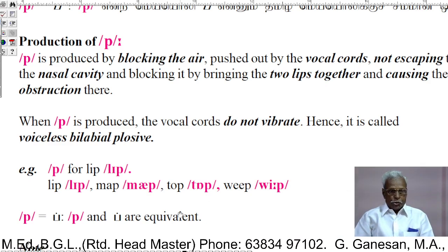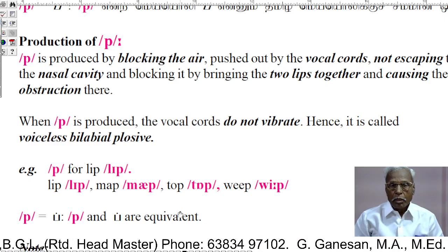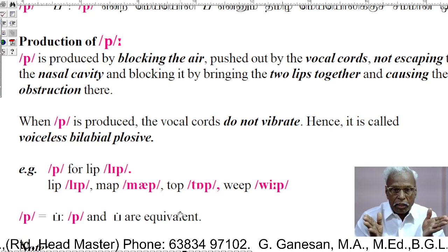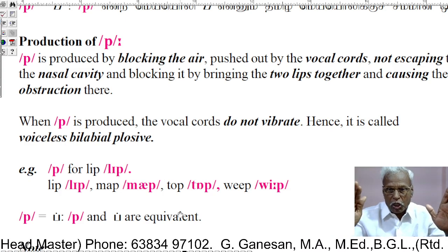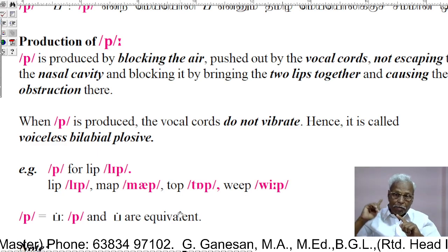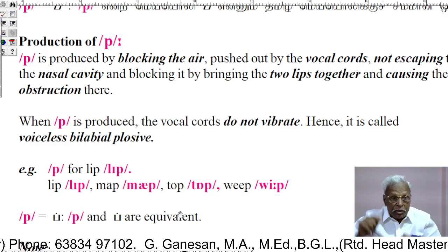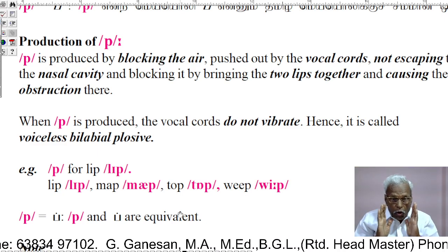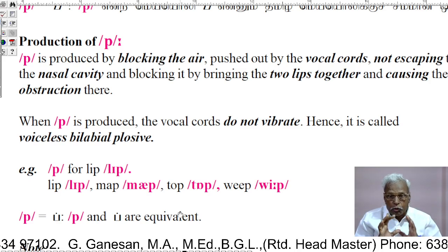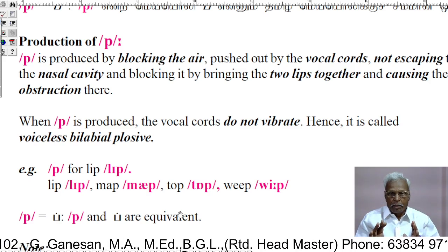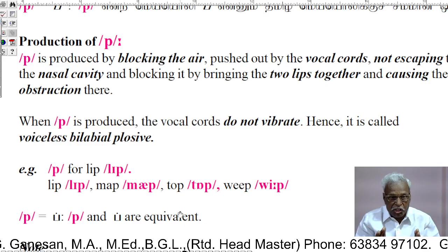It is produced by blocking the air pushed out by the vocal cords, not escaping through the nasal cavity, and blocking it by bringing the two lips together and causing the obstruction there.